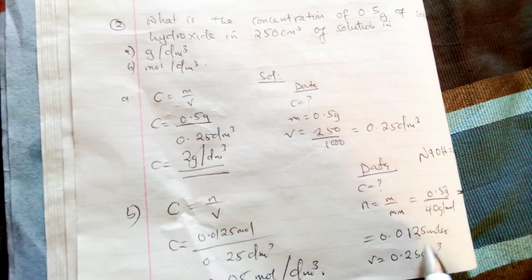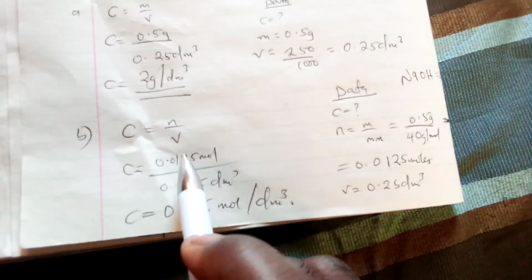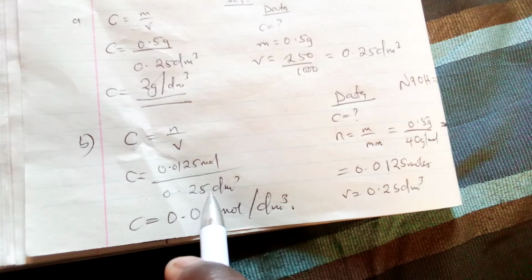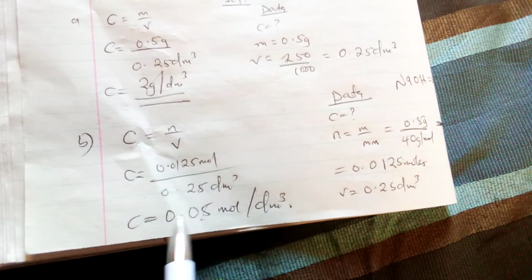So the number of moles is 0.0125. We get back to the question now. Where there is the number of moles, we place this. Where there is volume, we place this. And then we get 0.05 mole per decimeter cubic.